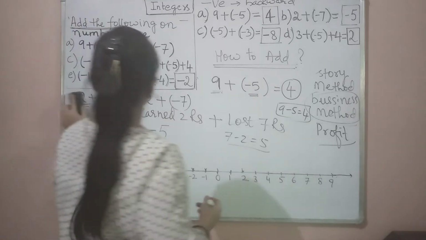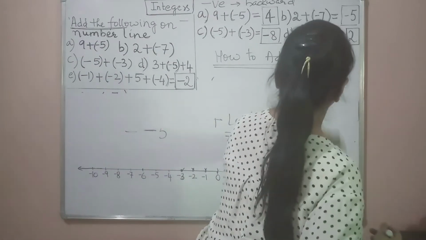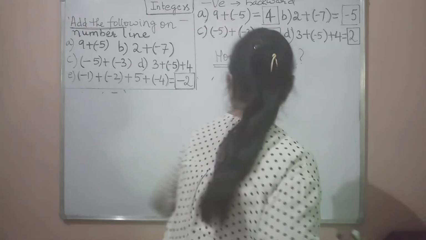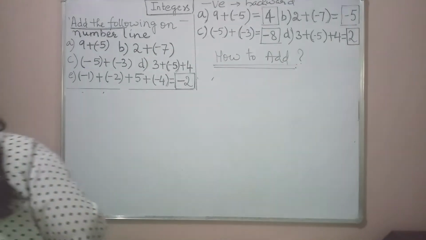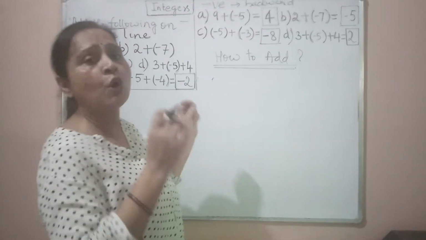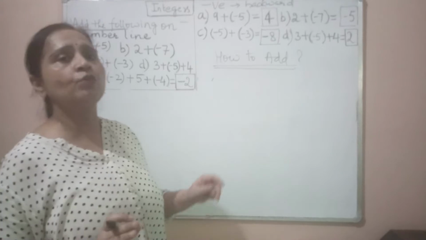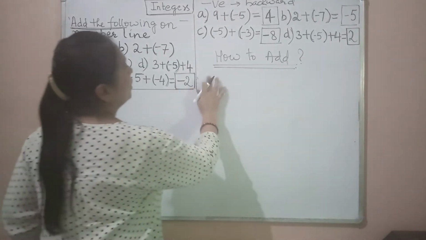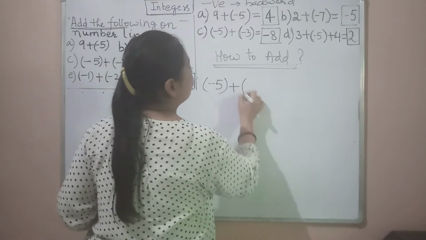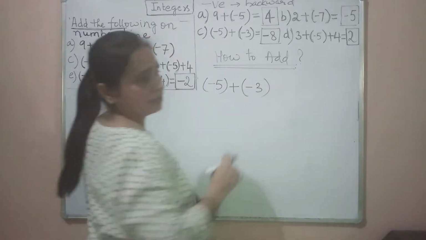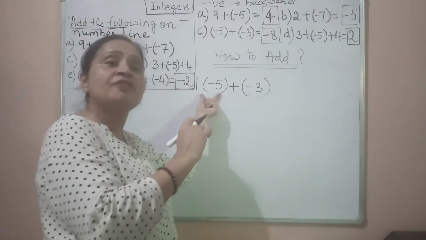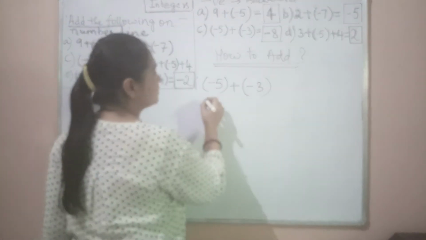Now let's come to the next, third question. See how we are doing this without using any rule. Later on I may teach you rules, but I would suggest you use this method. It is very simple, there is no rule required. Simply you have to understand one small thing. Just take an example of this integer. Minus 5 means on the first day he lost 5 rupees, right?